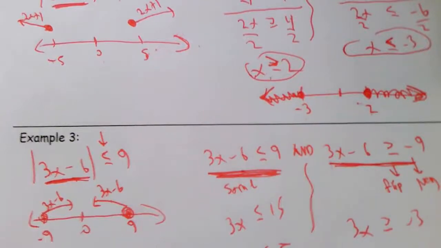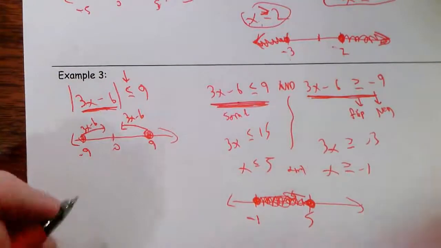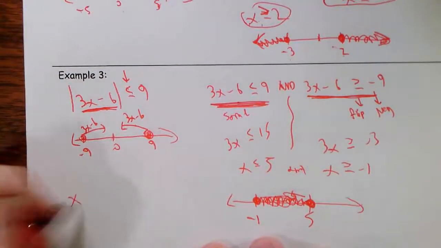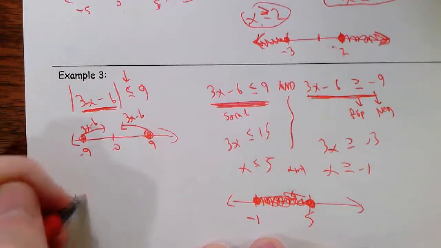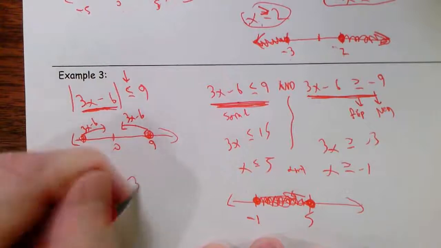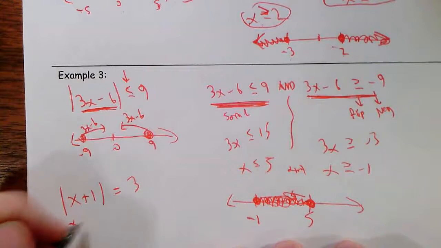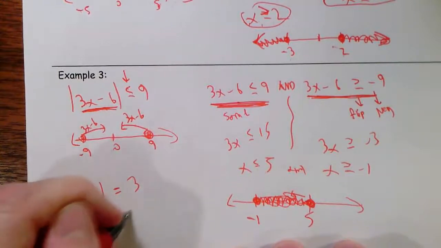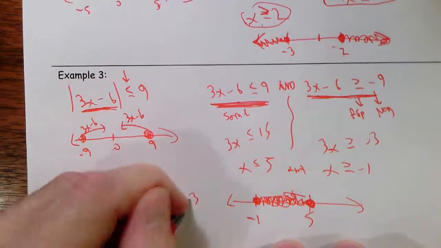Okay, real quickly, if you'll stay with me for one more minute, I just want to talk about an equal sign. What if you are graphing something like the absolute value of x plus 1 equals 3? All right, well, you do that the same way. You just know that x plus 1 equals 3, or x plus 1 equals negative 3.